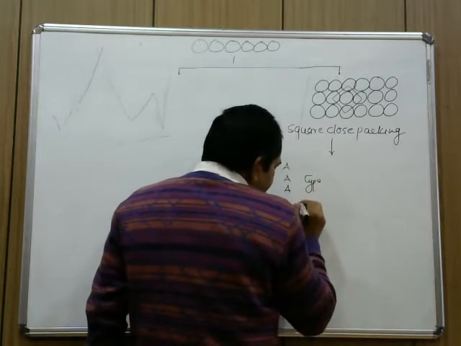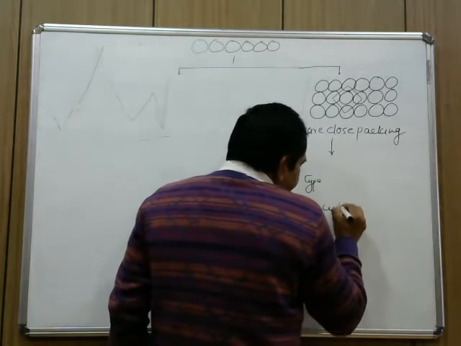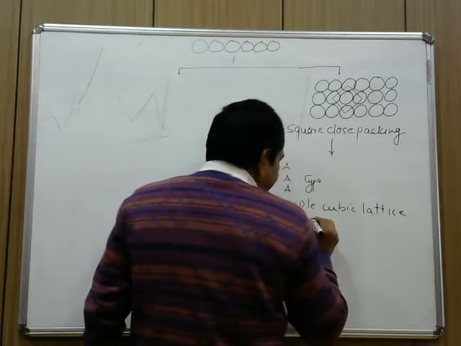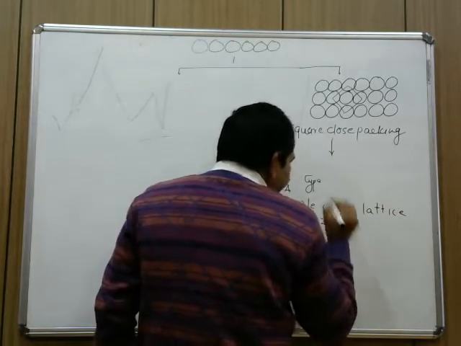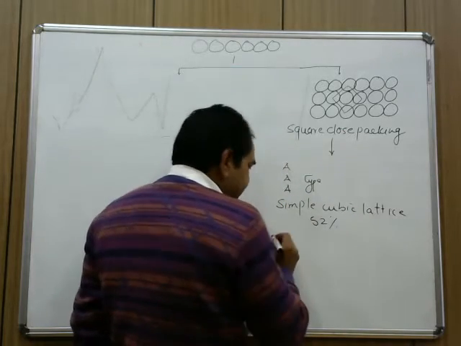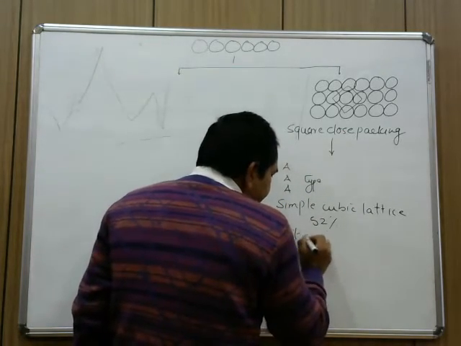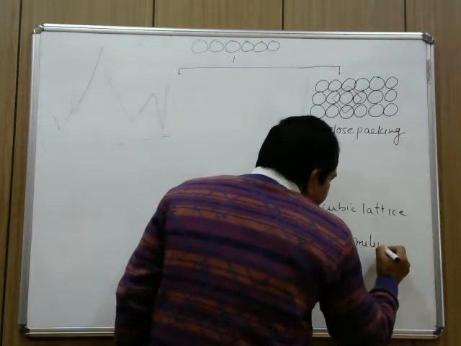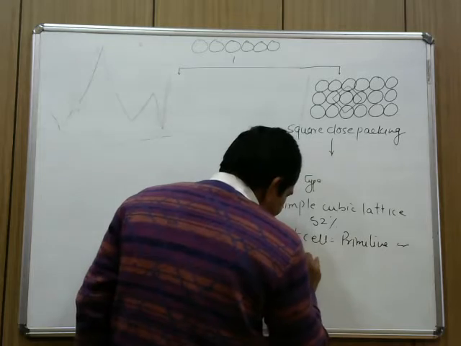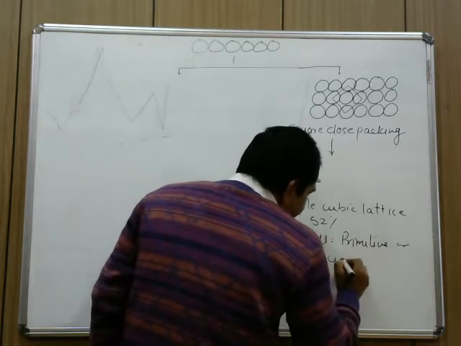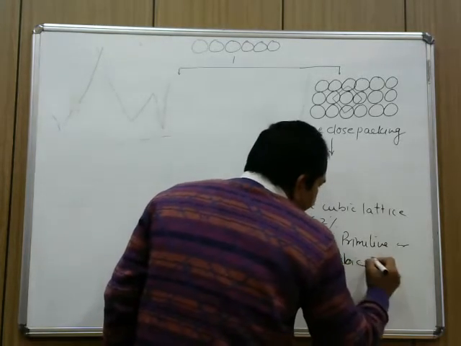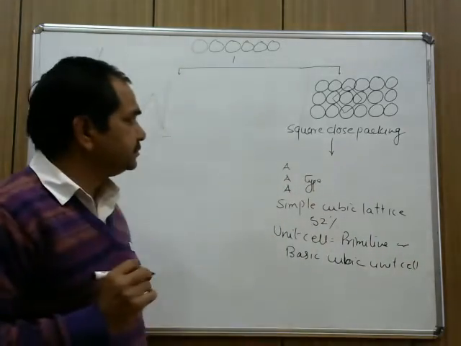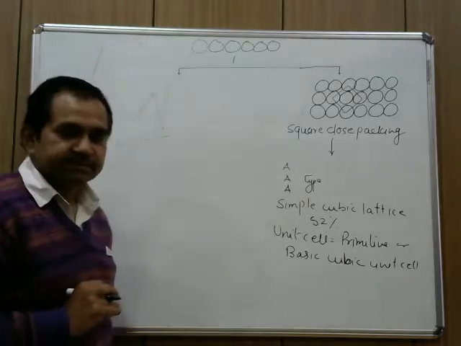This type is called a simple cubic lattice and it is 52% efficient, and here the unit cell is a primitive or basic cubic unit cell. This is an inefficient way.